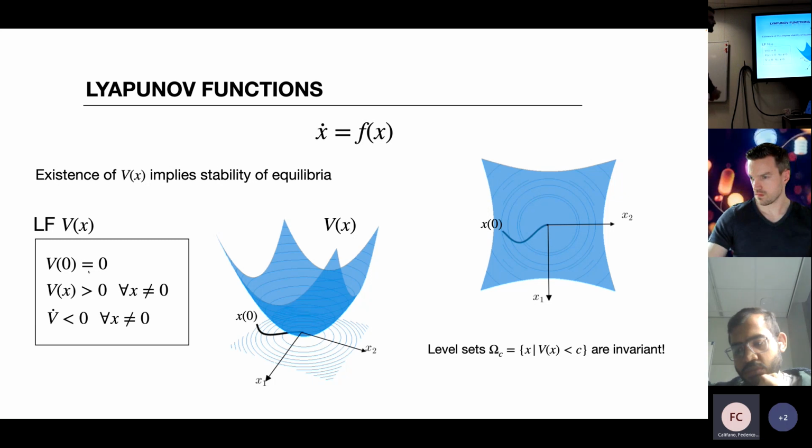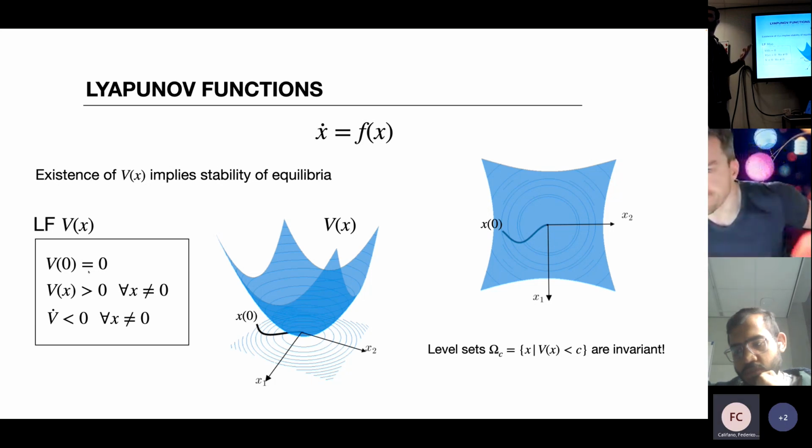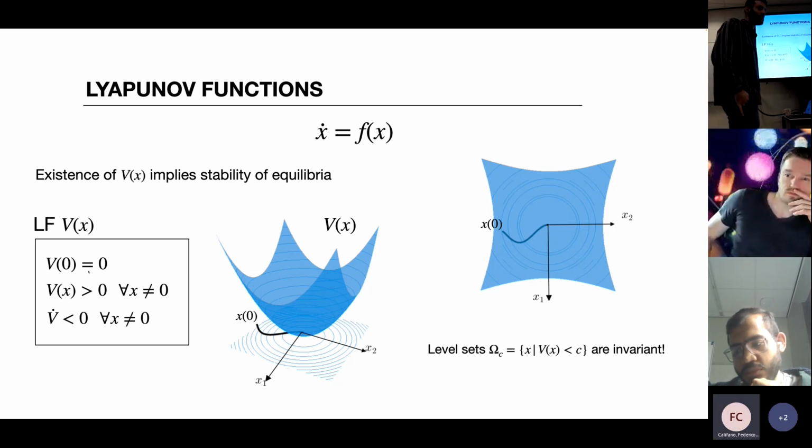So in the moment in which we have a dynamical system, which I represent like x dot equal f of x, is someone not familiar with this notation, x dot equal f of x? Or maybe you have an idea of what it means? So we represent dynamical systems, roughly speaking, in this way: x dot equal f of x, where x is the state of our system.